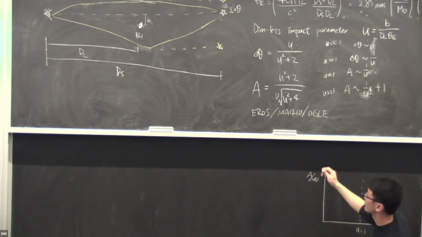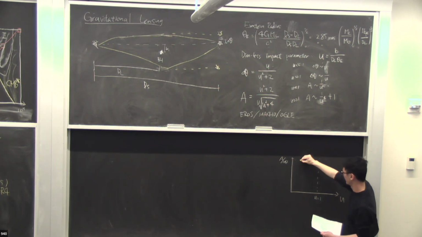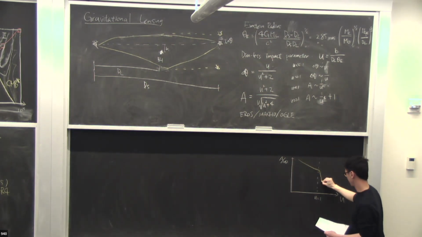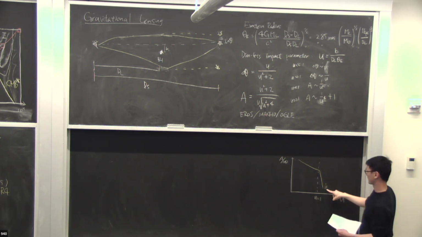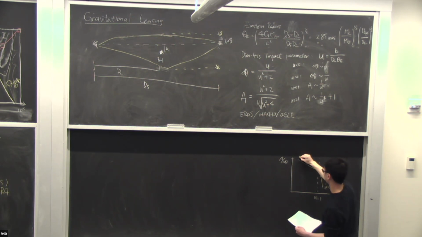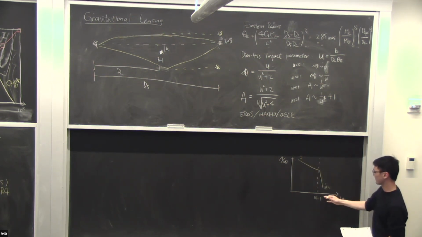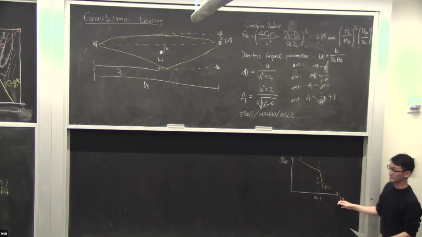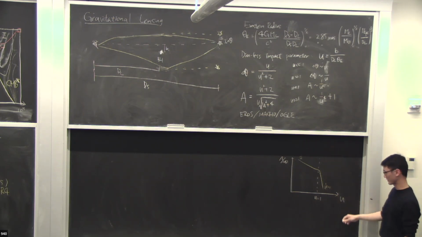If we draw how the magnification depends on U, this part is 1 over U to the 4 plus 1, and this part is 1 over U. The effect drops off very rapidly as you increase the impact parameter.